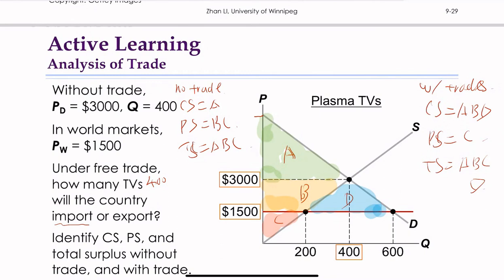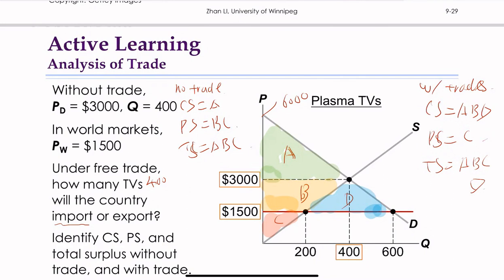So basically, I could actually put some number here. Let me put a number of, I guess this number is 6,000, right? So if I give you this number, then you should be able to calculate exactly what is the number for consumer surplus, producer surplus, right? Because if you know that consumer surplus is given by A without trade, then you just calculate the area of this triangle A here.